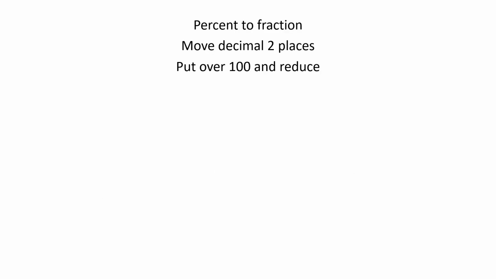If we want to go backwards, if we want to go from a percent to a fraction, we just work it the opposite direction. We're going to move our decimal 2 places, but this time we're going to move it to the left. Then you're going to put it over 100 and reduce. So let's say that I give you 60% and I want you to convert that to a fraction. The first thing you're going to do is move your understood decimal 2 places.